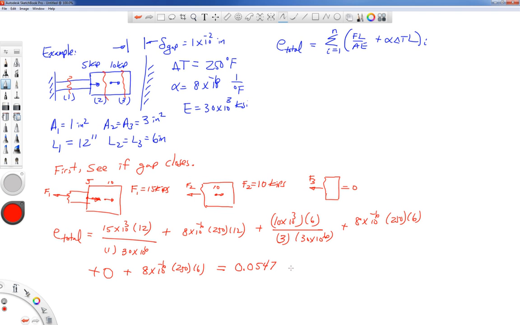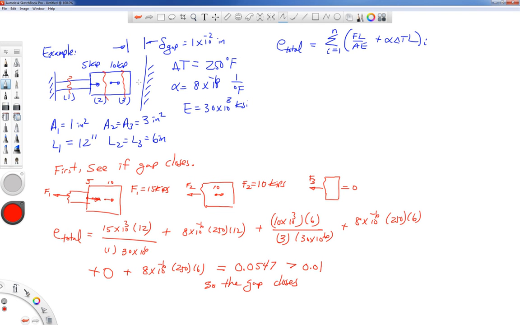Now 1 times 10 to the minus 2 is 0.01. So the gap does close. So this is now a statically indeterminate problem, and we need to use our materials and series approach to figure out what happens.